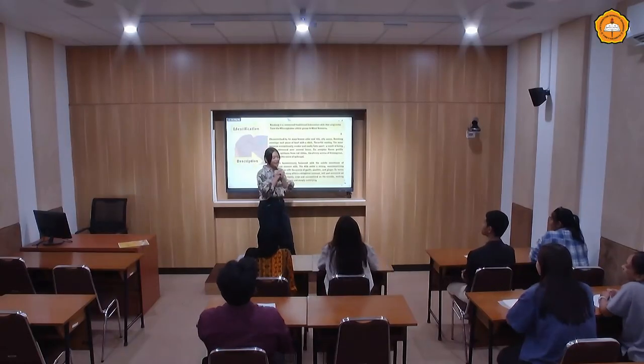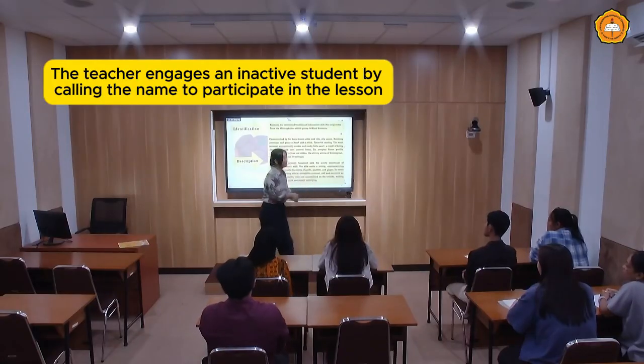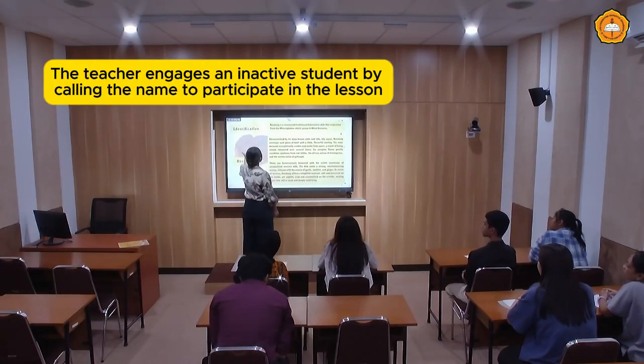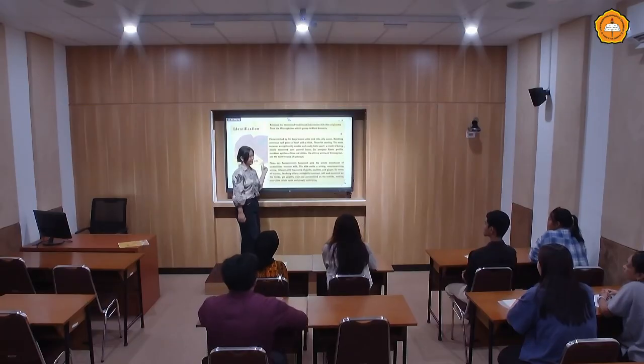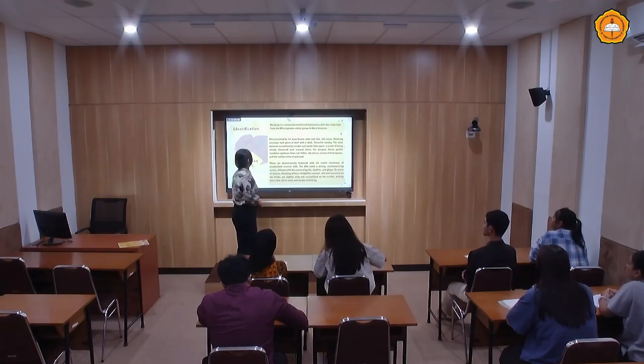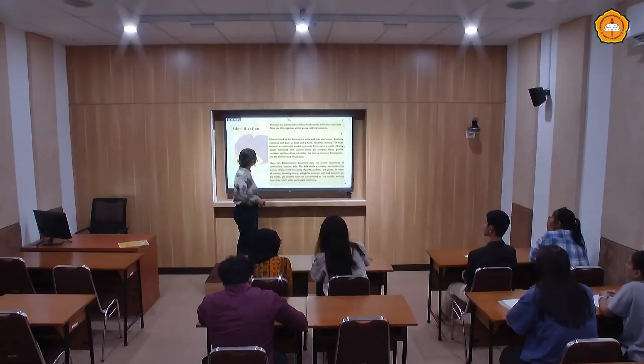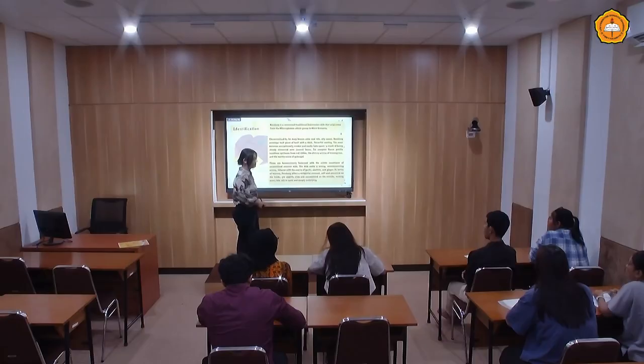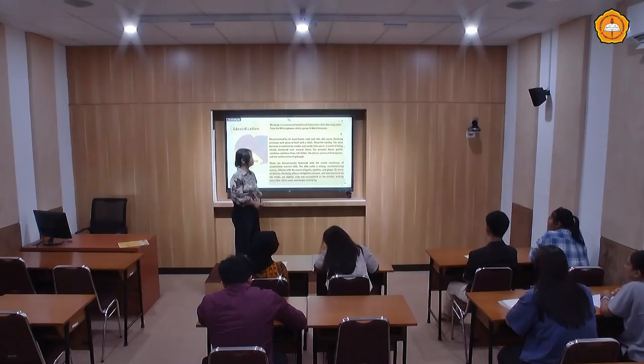Okay, I want to ask Stella, why did you choose those parts as identification and description? So the first sentence is identification because it introduced the rendang and where it's from. And the rest is description because it describes the taste, the color, and the texture of rendang.